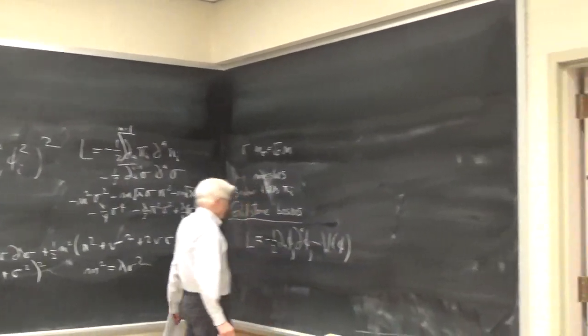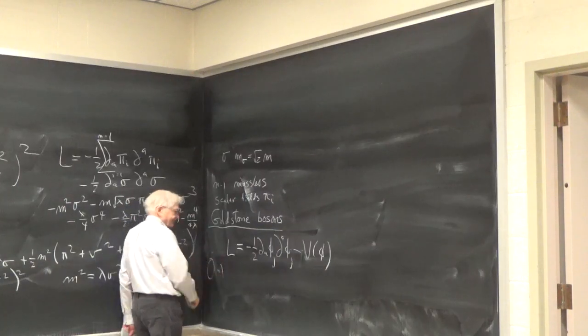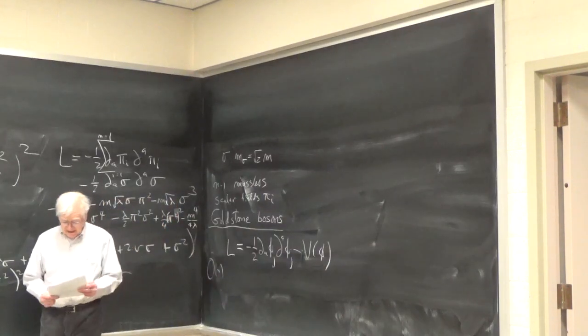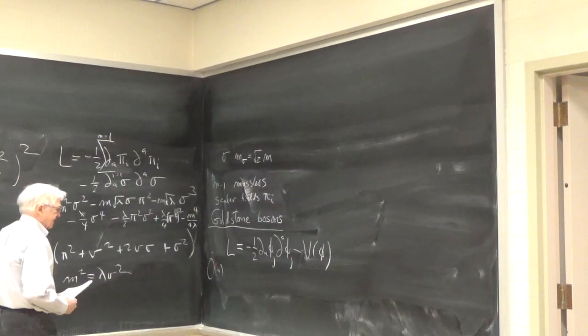So this is our field. Again, we're going to have an O(N) continuous symmetry. I'm just going to let the potential be V of φ. I'm not going to say what it is exactly.